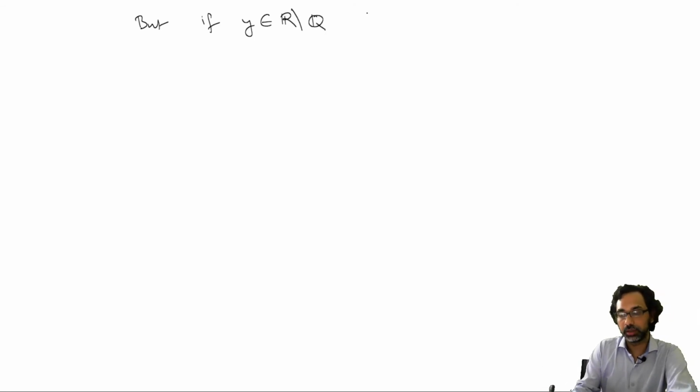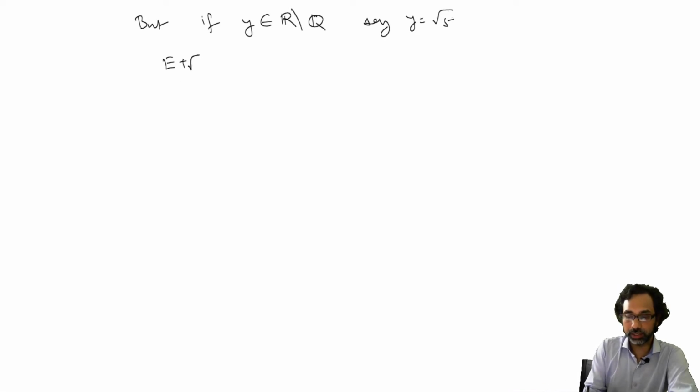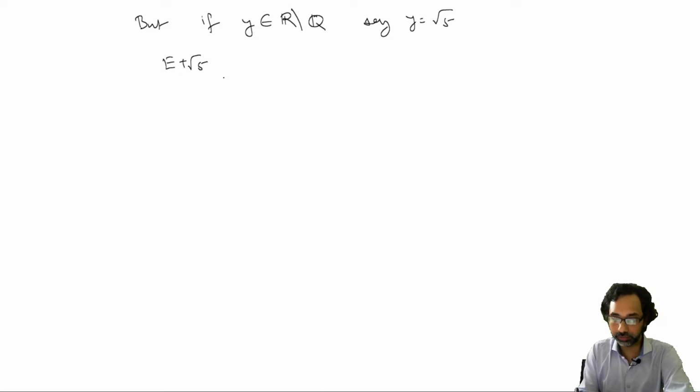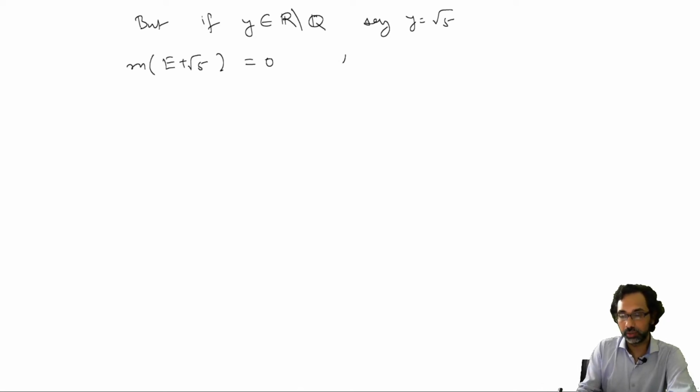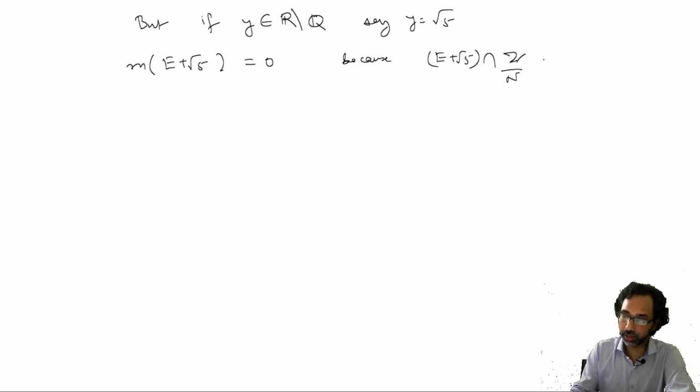But if y is an irrational number, so let's say y equals square root of 5, then if you translate this set E by square root of 5, then the measure of this set is 0, because this set E plus square root of 5 intersection Z over n is empty for any n, because E, remember, is made up of rationals in 0, 1.